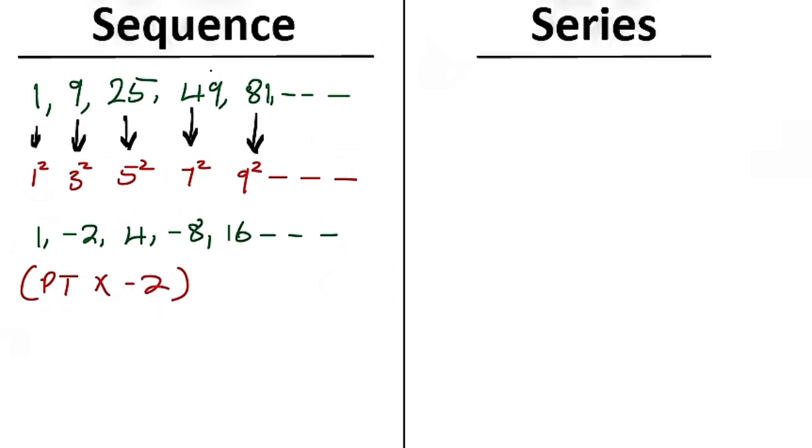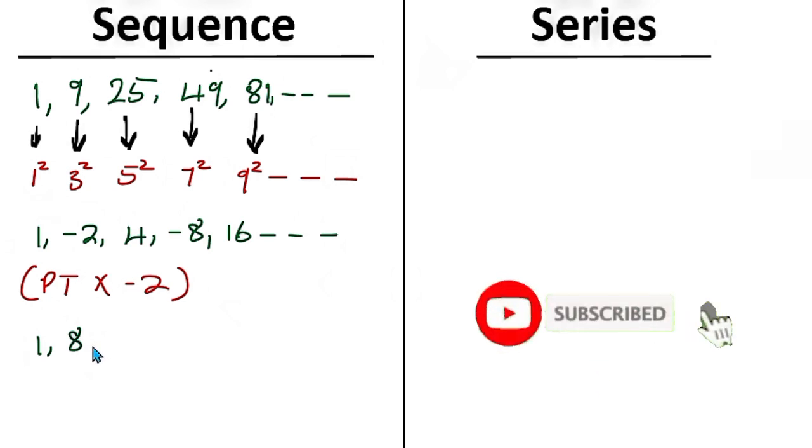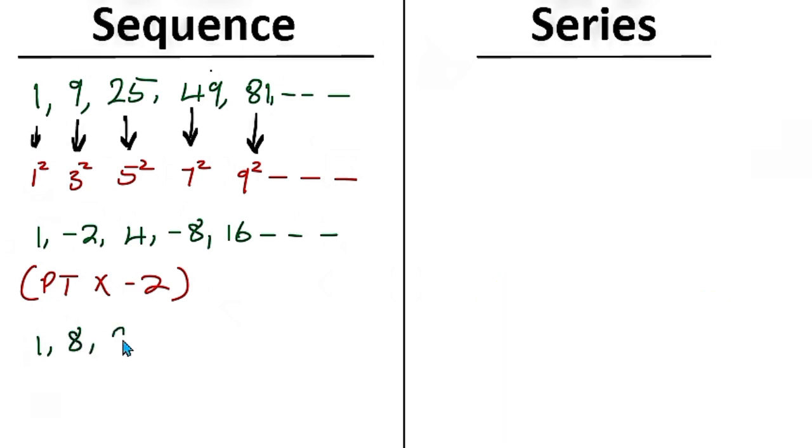Now let's think of another set: we have 1, 8, 27, 64, 125.